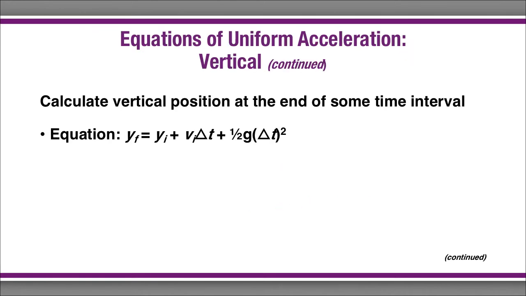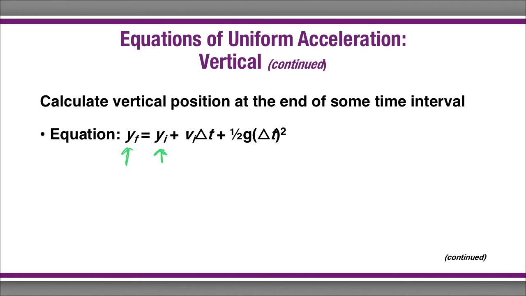Now, just as we might want to look at the final velocity at some time interval, we may also want to look at the vertical position of an object at the end of some time interval. So in this case, we would look for the final position in the y direction, which is equal to the initial position in the y direction.